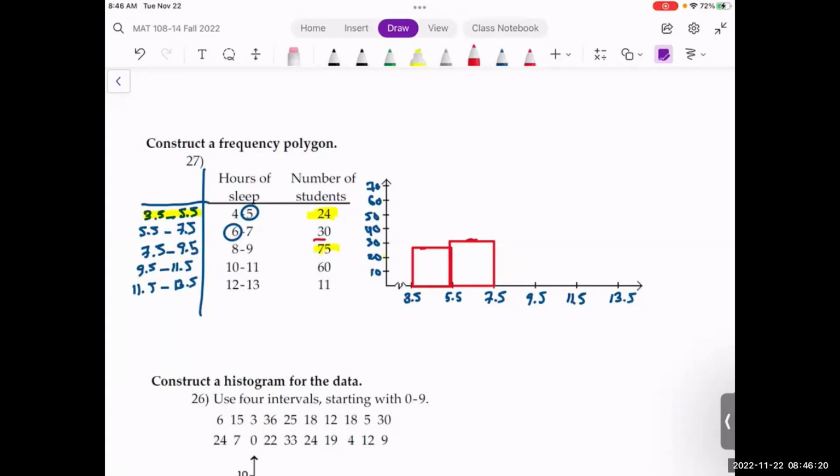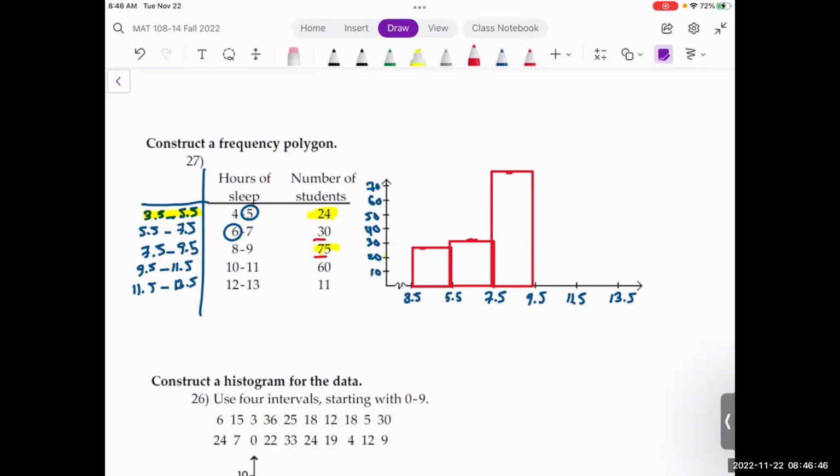You're going to be 75. 75, you're going to be all the way here. So I'm going to do another rectangle. That's not a rectangle, but anyway, let me do it again. All right, so that's 75.